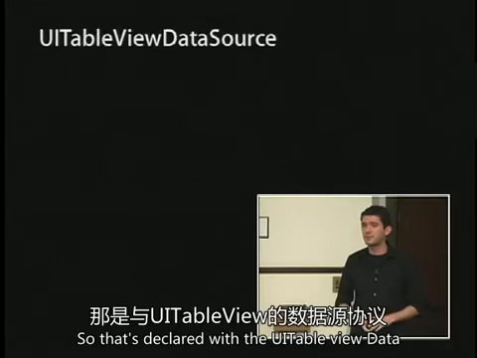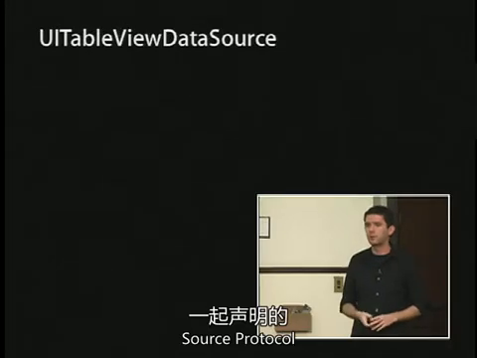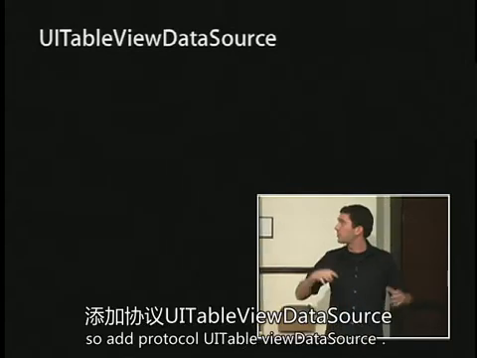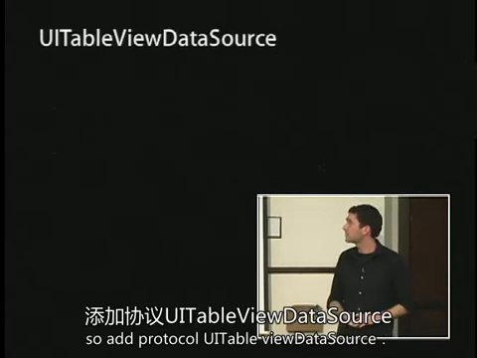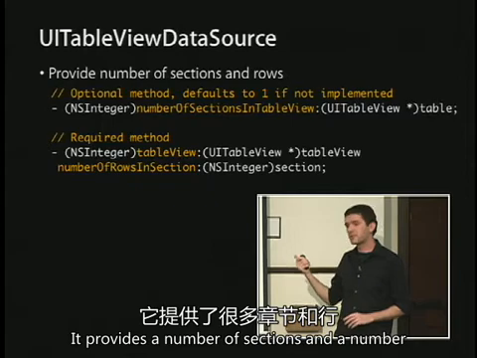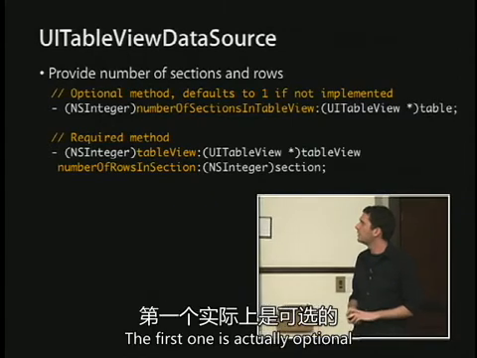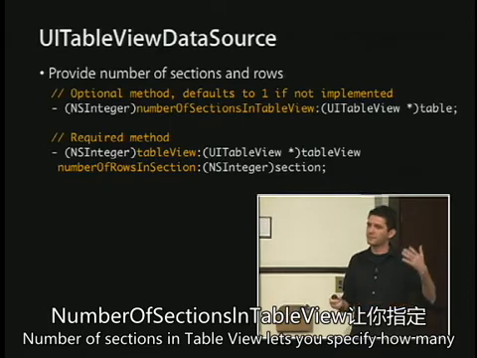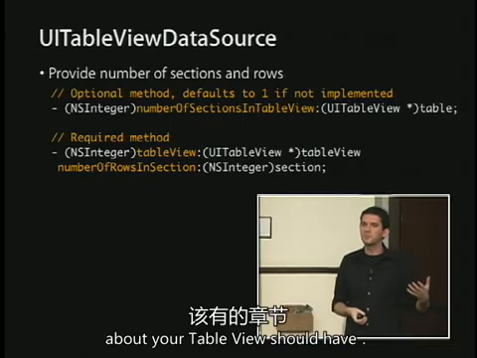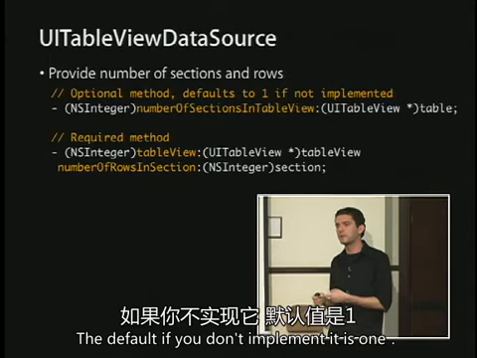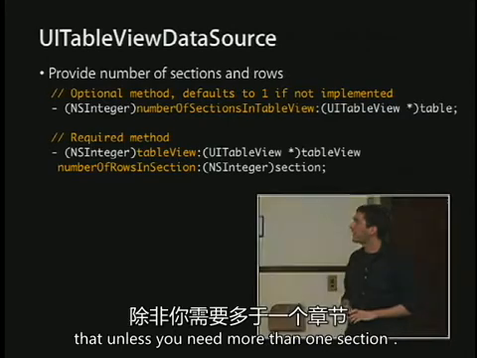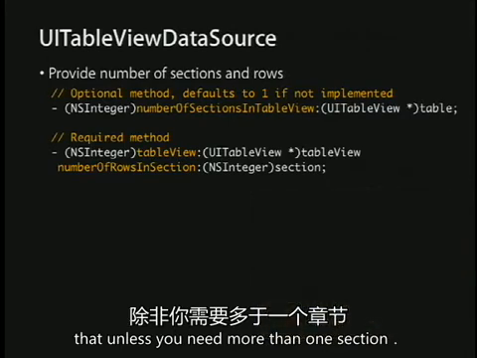So that's declared with the UITableViewDataSource protocol. It's another Objective-C protocol. It provides a number of sections and a number of rows, the first two methods that you can implement. The first one is actually optional. numberOfSectionsInTableView lets you specify how many of those sections we were just talking about your table view should have. The default, if you don't implement it, is 1, so you don't actually have to implement that unless you need more than one section.